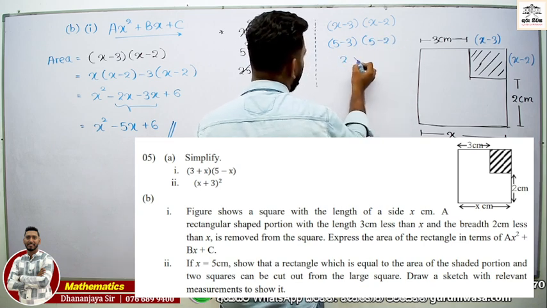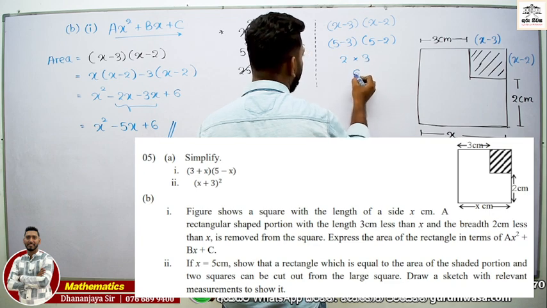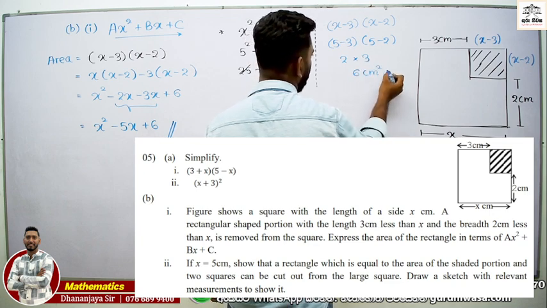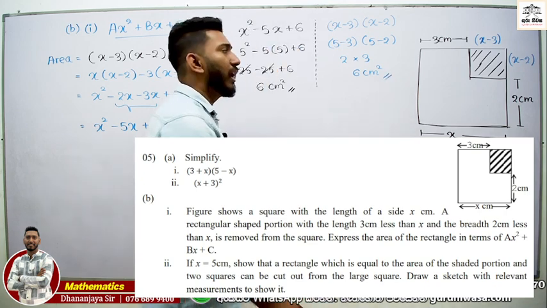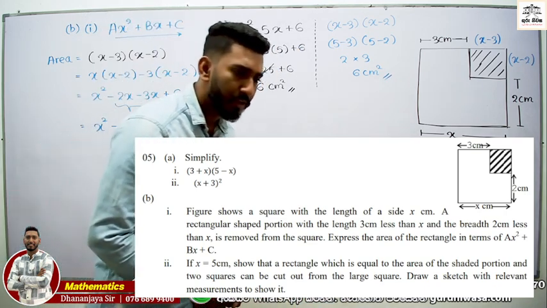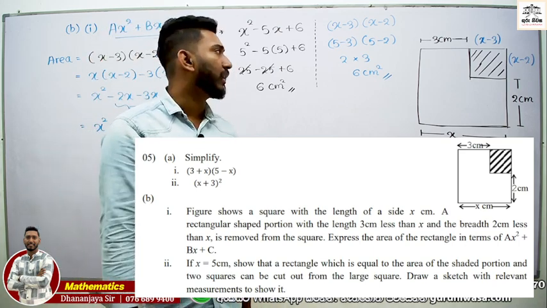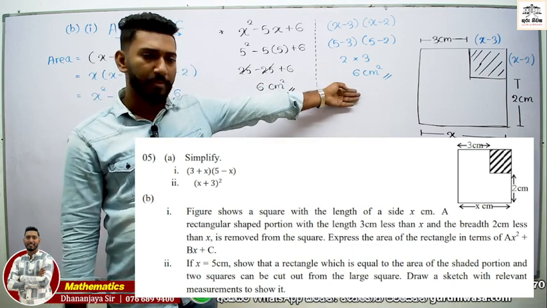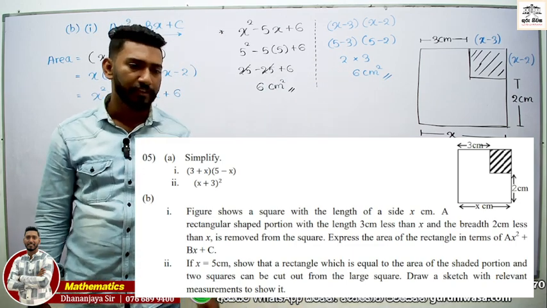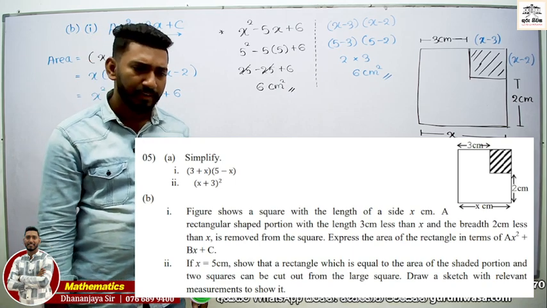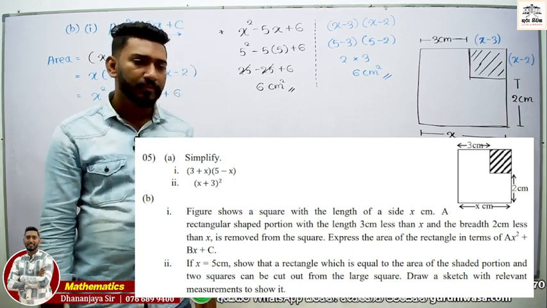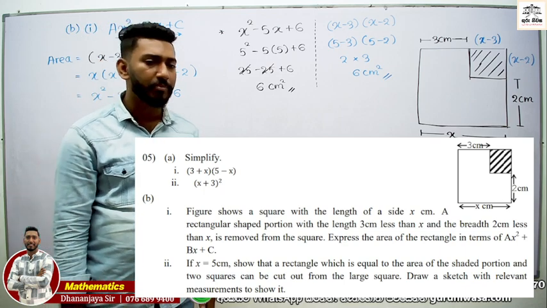Now 2 times 3 is 6 cm squared. So we found the area of the shaded portion, and the rectangular portion's area is also 6, equal to the area of the shaded portion.